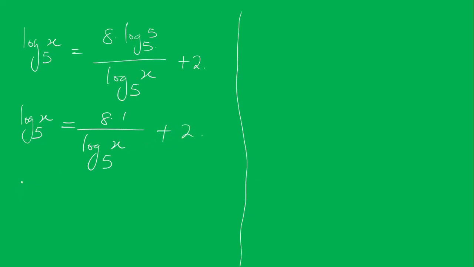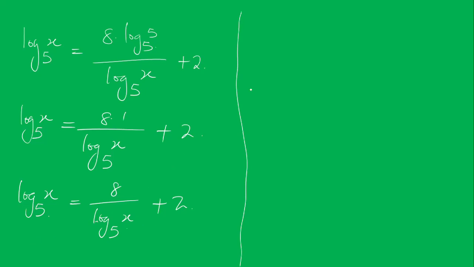So this will give us log x base 5 equal to 8 divided by log x base 5 plus 2. Now if you look at this, you see this log term here and this log term here are the same.